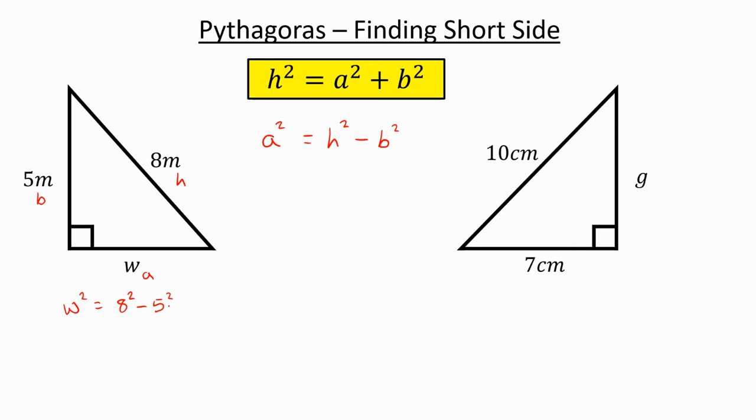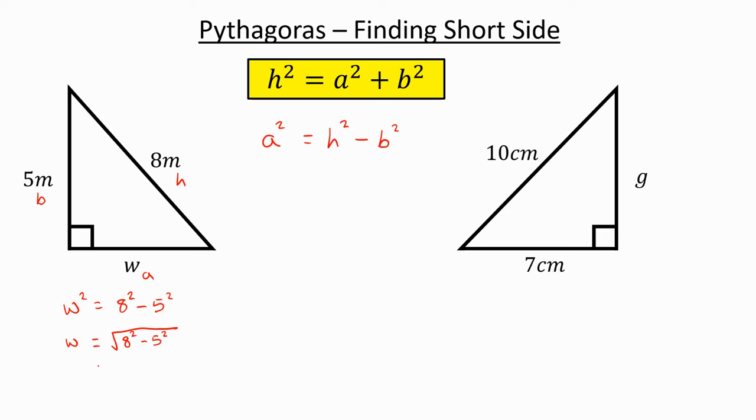And so the order makes a difference because if we do it the other way around, it won't work on our calculator. But if we're doing the hypotenuse squared, take away our other shorter side squared on the right, then you'll be fine. And so same process as for finding the hypotenuse. To find out what w is, we need to square root what we have on the right here.